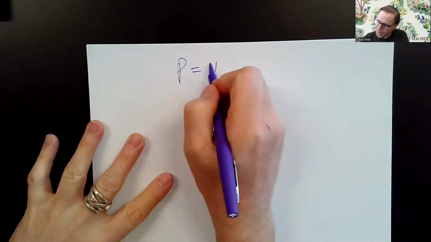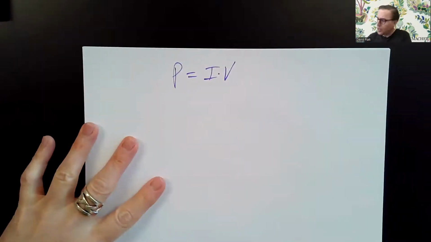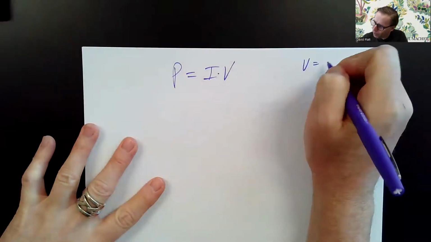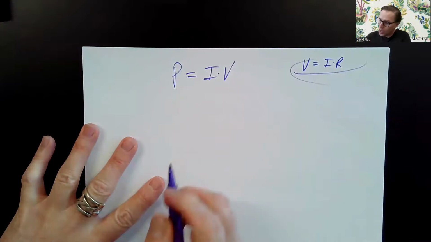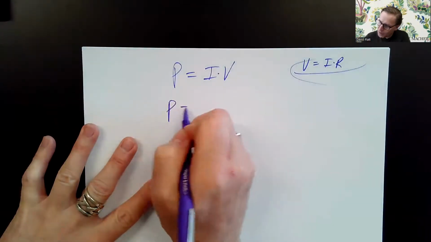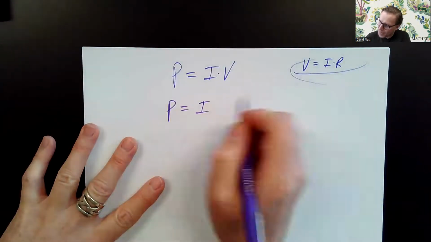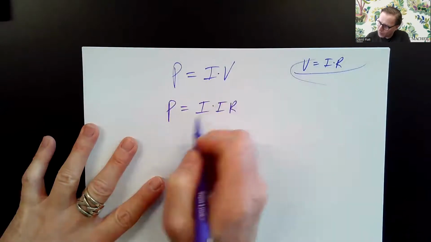Power equals IV. But do you remember that we said V equaled IR? That was Ohm's law. So I can also say power equals I, and instead of V, I can write IR.